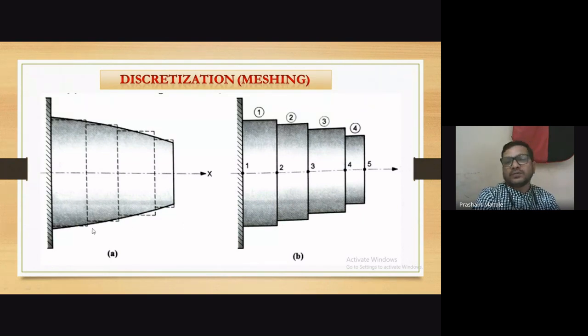Now, you can see the figure I'm showing on the screen in which A and B parts are there. A and B parts of these figures are of the same object. If you see the diagram, the actual physical entity has this type of curve, as you can see my cursor moving.